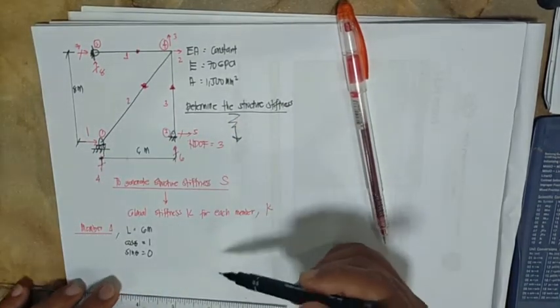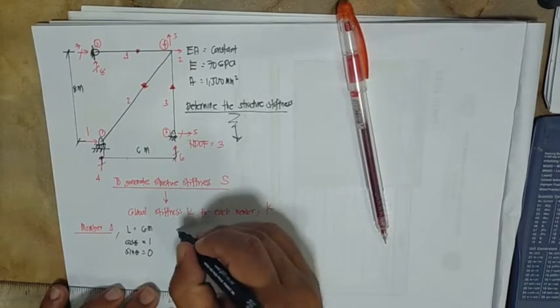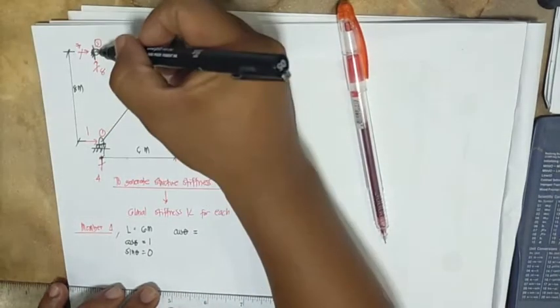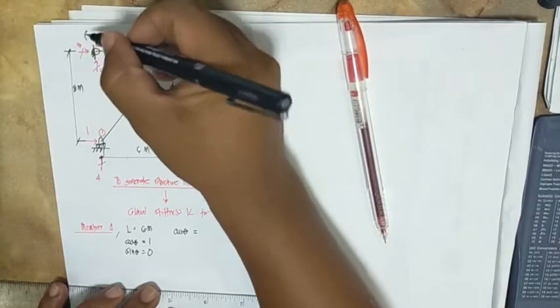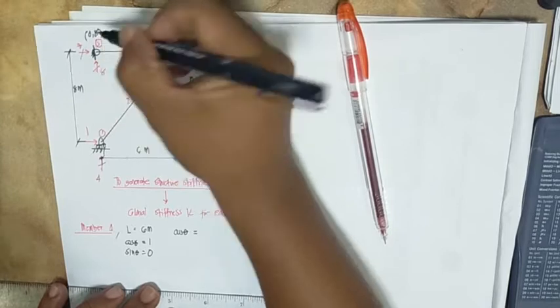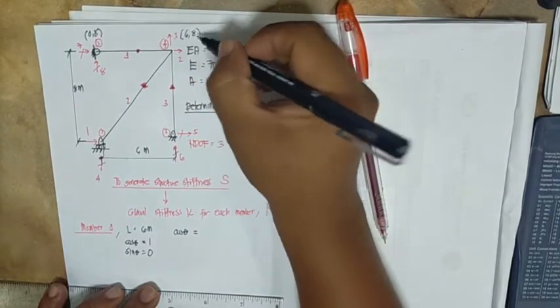Or if you are not convinced with this one, you can use the long method. So cosine theta, you should know the coordinates of this one. What are the coordinates? This is 0 and 8, and this is 6 and 8.